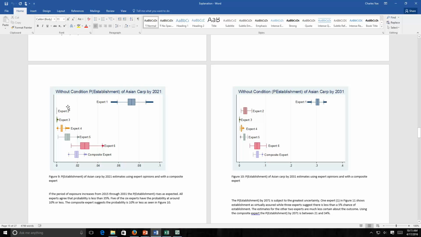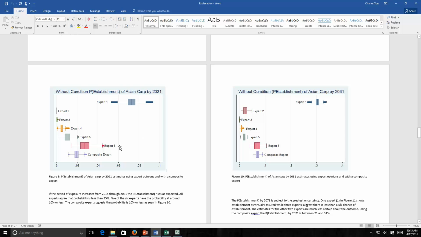And when we look at this, we see expert 2, 3, and 4 all had this probability as relatively low, about 1% or less. Expert 5 was a bit more uncertain. Expert 6 a bit more uncertain still. So you can look at this graph, and this says we don't have agreement among the experts.